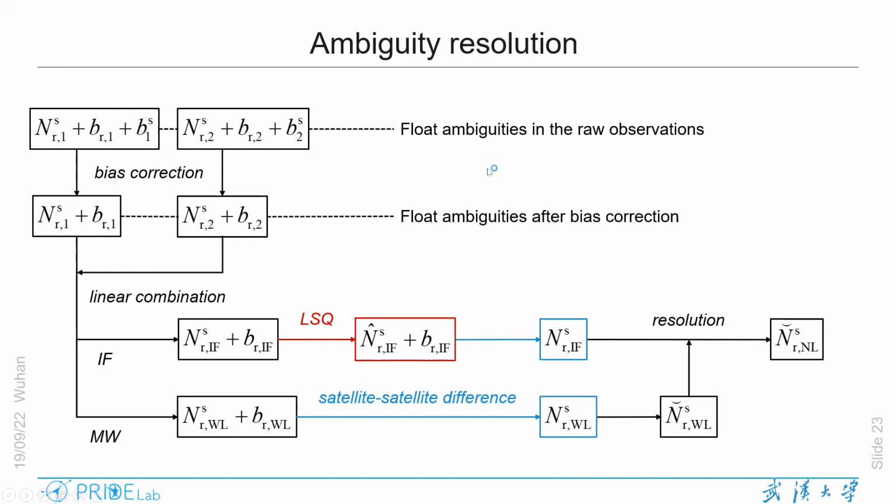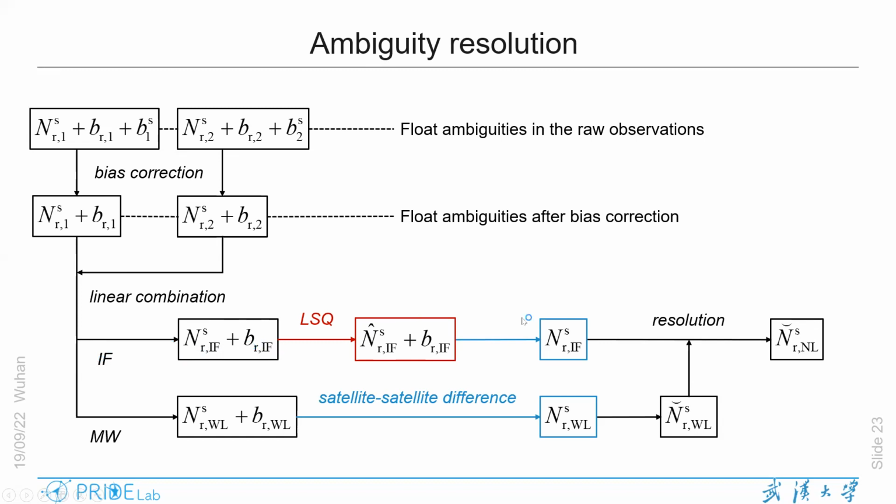We first apply the satellite signal bias corrections from the bias product, so only the receiver biases remain here. Then these raw ambiguities are combined to form the ionosphere-free combination along with the observations. These ionosphere-free ambiguities are labeled as IF here.